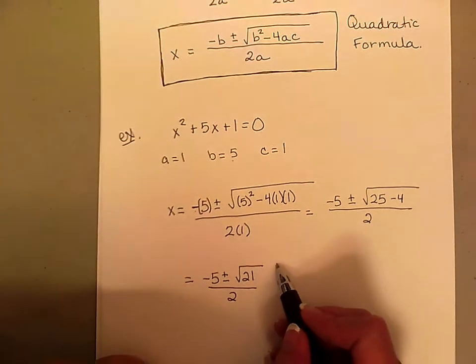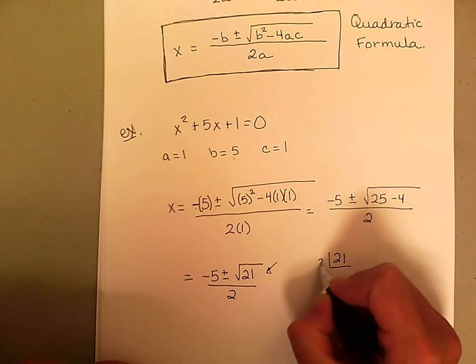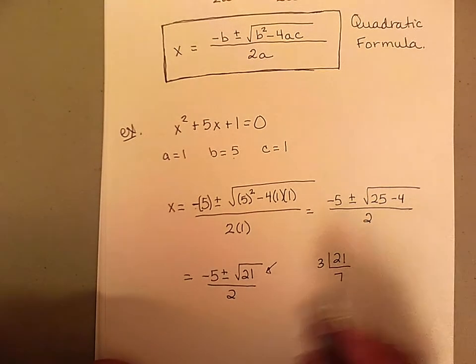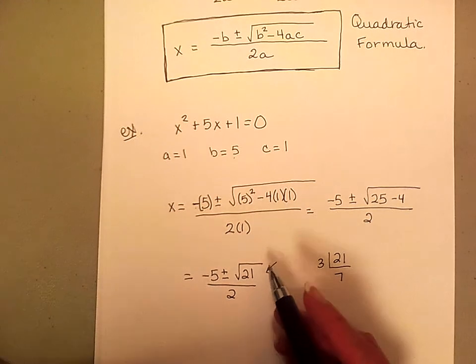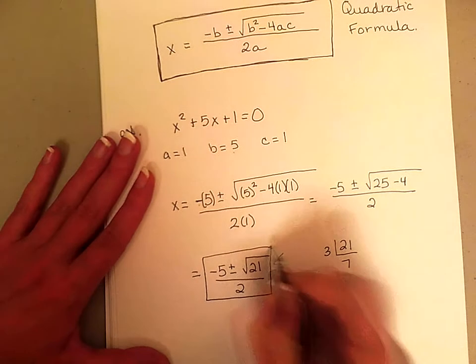And then we want to double check that this is simplified. The prime factorization of 21 is 3 and 7. This radical cannot be simplified, so we don't need to worry about simplifying our answer any further.